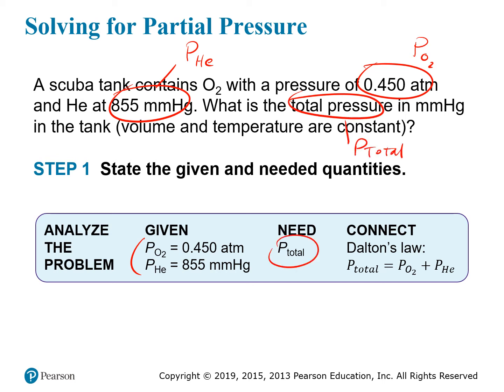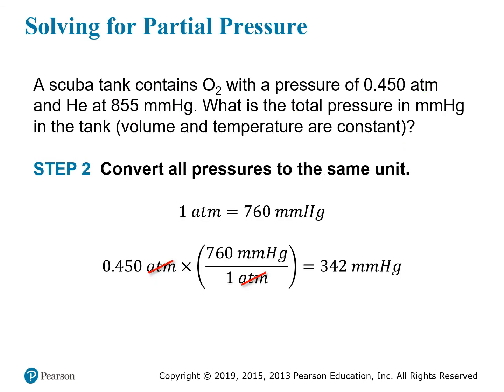So we're going to try and find the total pressure using Dalton's law. The one trick to this is that you can't add different variables with different units. Okay? If you're adding 2 variables together, they have to have the same unit. You can't add apples to oranges, you have to add apples to apples. So if the question is asking for our answer in millimeters of mercury, then it's going to be most useful to convert the atmospheric pressure to millimeters of mercury.